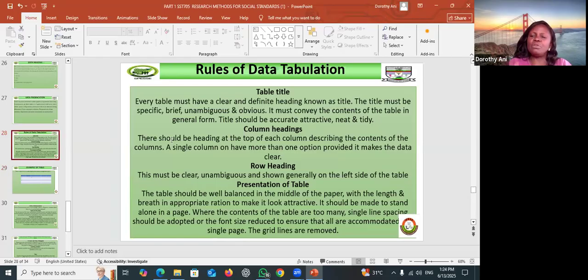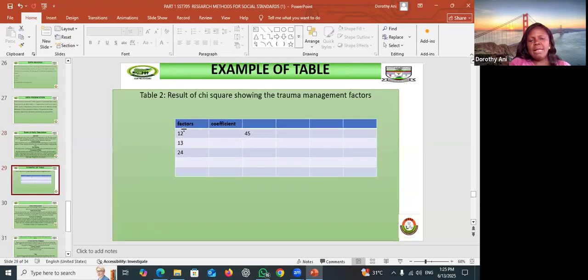Some of you will just carelessly write some things under, but the column, you'll be asking yourself, what does the whole of this thing represent? So you put a column heading. Likewise, row. What is this row all about? Sometimes we give the row a name.